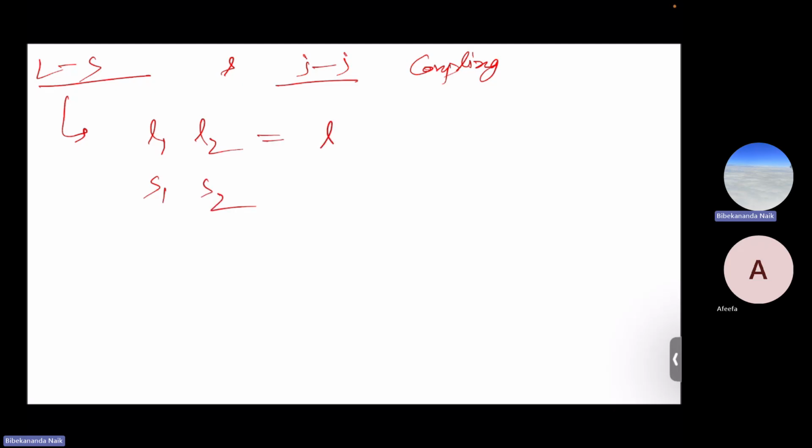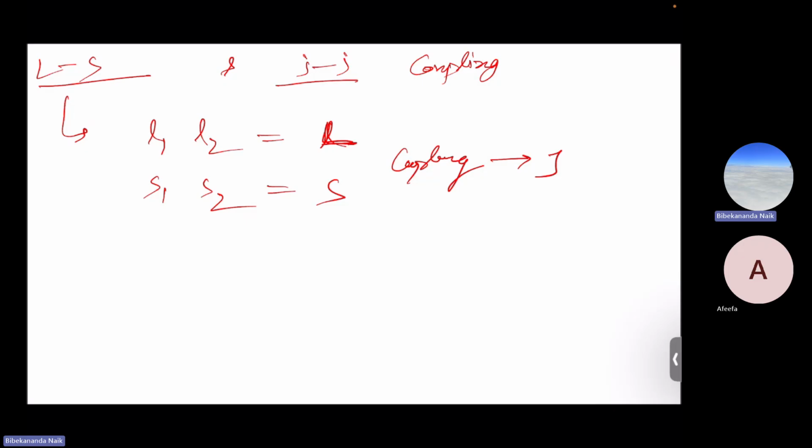So L1, L2 give rise to capital L, then S1, S2 give rise to capital S. This is called the concept of LS coupling, and then the energy level gets split. Then this L plus S give rise to J.